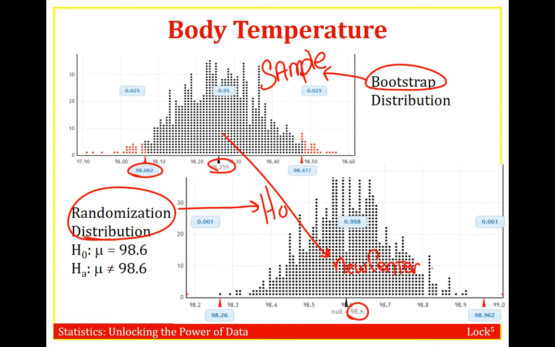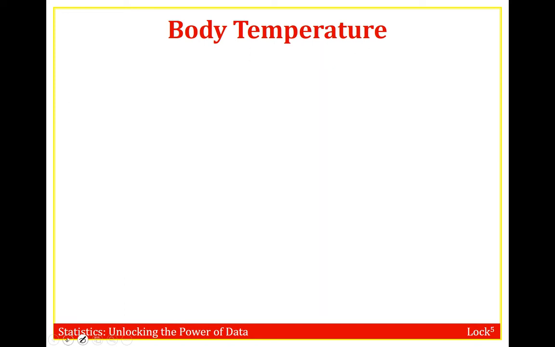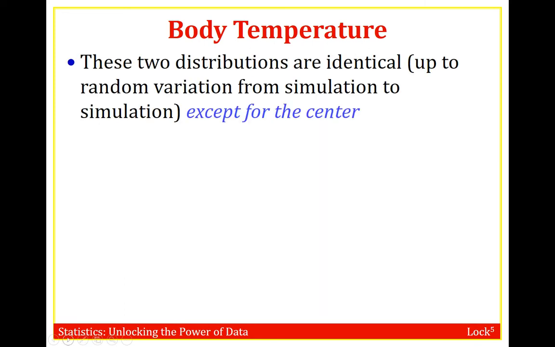And what is that new center? H sub O. And you can see the centers are completely different, but the spread is what we are concerned with. It says these two distributions are identical up to random variations from simulation to simulation, except for the center.